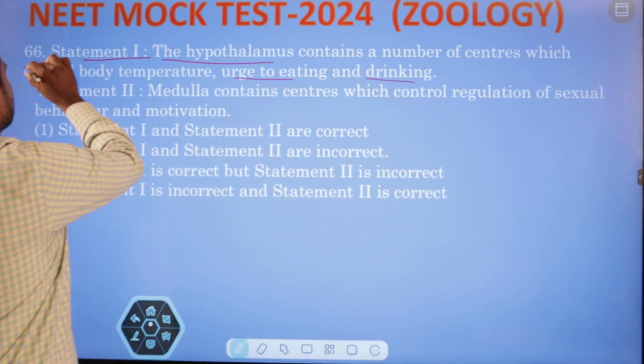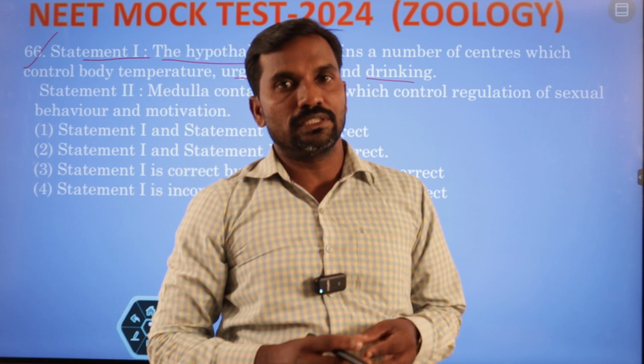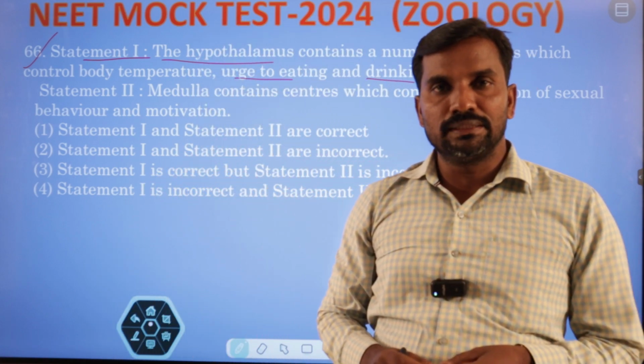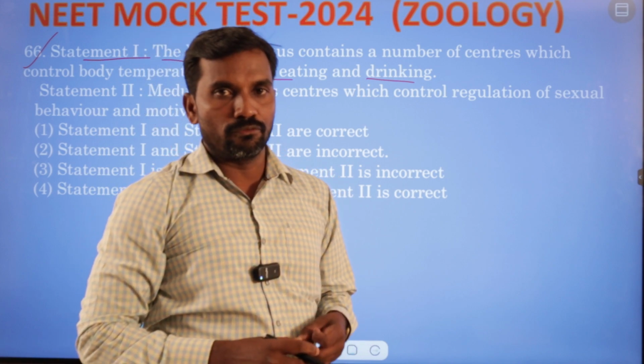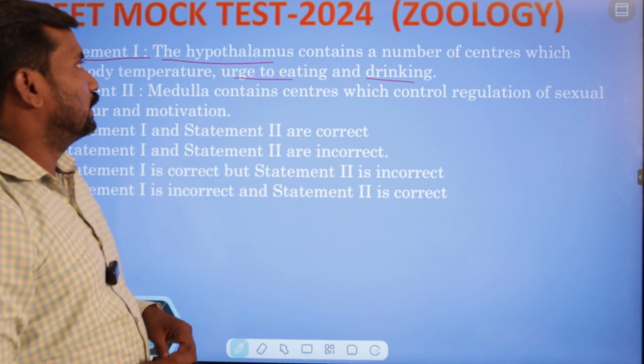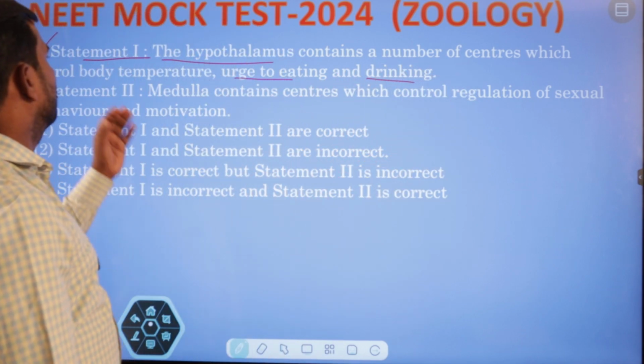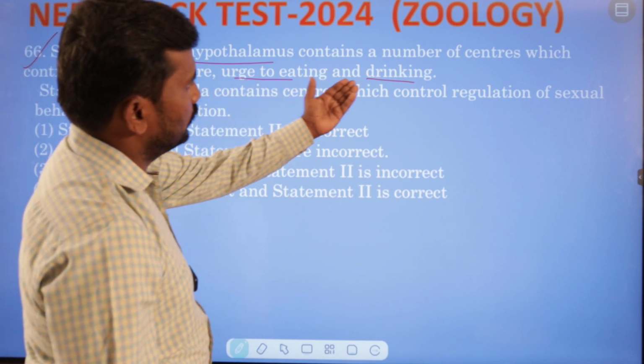This is the correct statement. It is a part of the forebrain, otherwise called the prosencephalon. The midbrain is called the mesencephalon, and the hindbrain is called the rhombencephalon. The hypothalamus in the forebrain manages the centers for body temperature and the urge for eating and drinking.